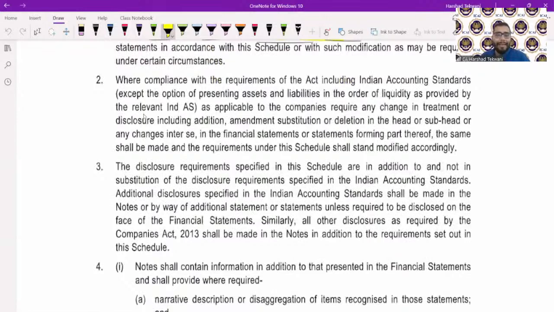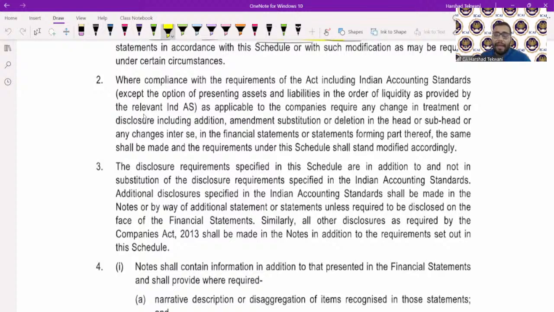Now compliance with the Act, or compliance with Indian accounting standards, or any disclosure requirements which are there in the Indian accounting standards. It may happen, for example, that Ind AS may require you to disclose something additional. For example, employee benefits, they might require you to disclose various items in respect of employee benefits.